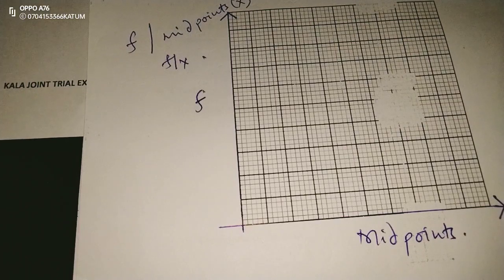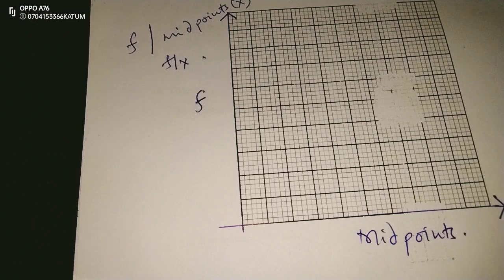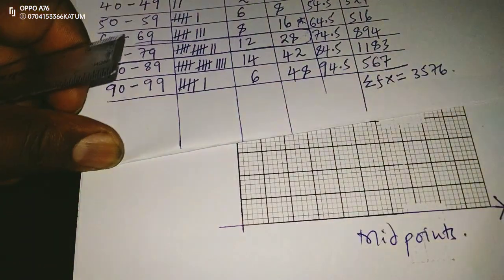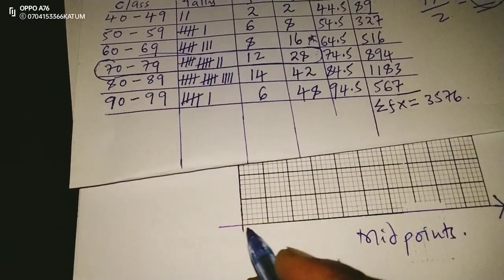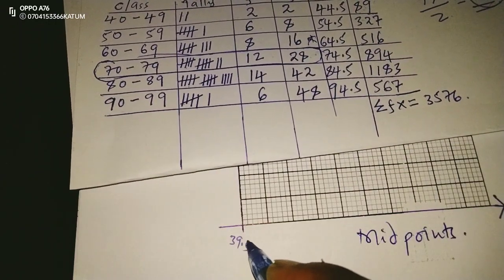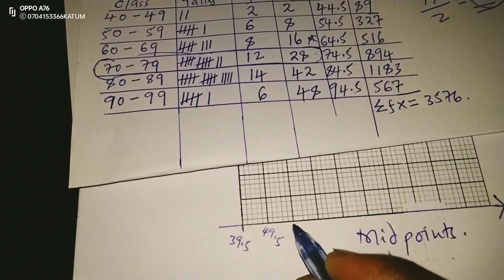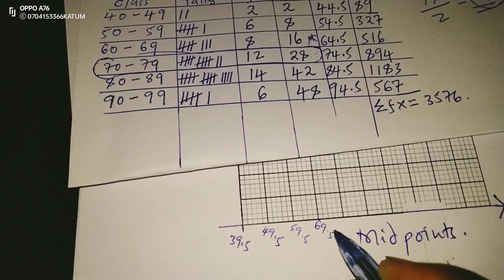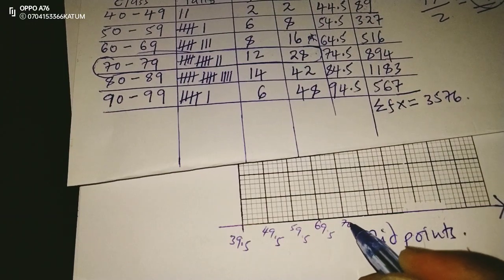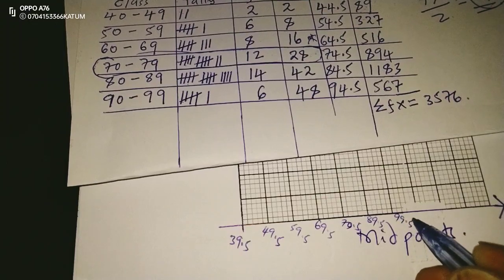For example, from 39.5, which is our lowest boundary in this case, the first one is 39.5, then the next will be 49.5, 59.5, 69.5, 79.5, 89.5, and 99.5.